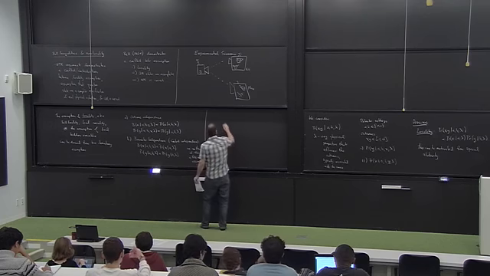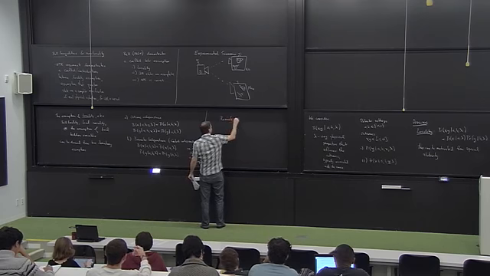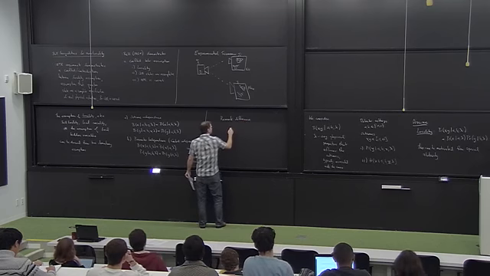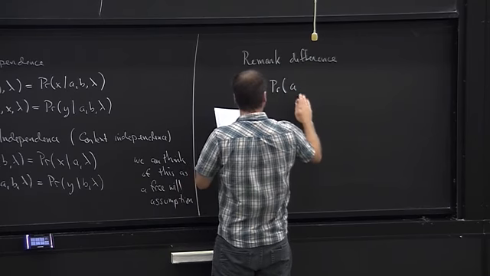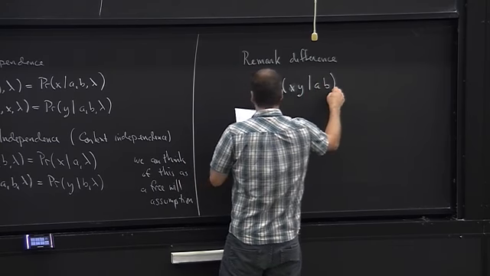So I just want you to remark that there's a difference between, if we just said the probability of xy given AB.